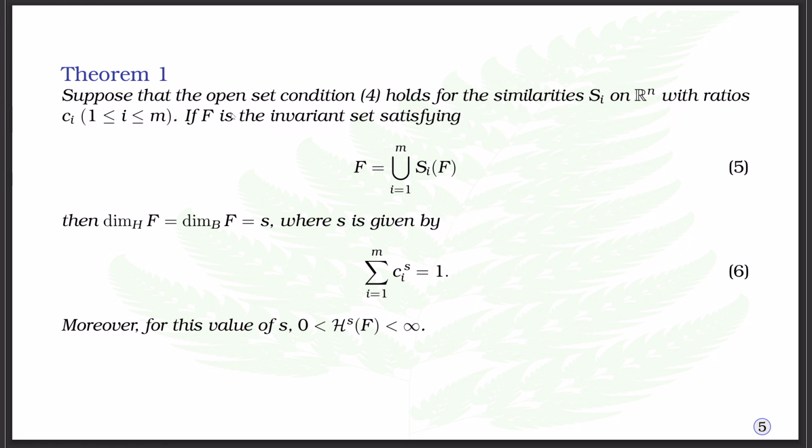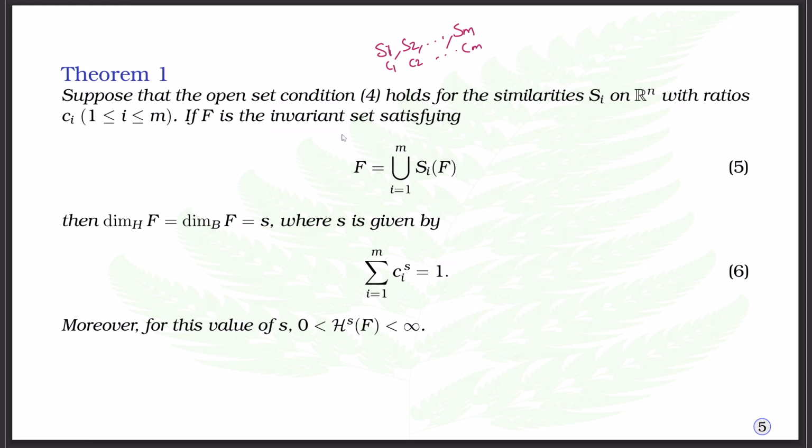Suppose that the open set condition 4 holds for the similarities S_i on R^n with the ratios c_i. There are m mappings, S_1, S_2 up to S_m. Each similarity has the ratio c_1, c_2 up to c_m.